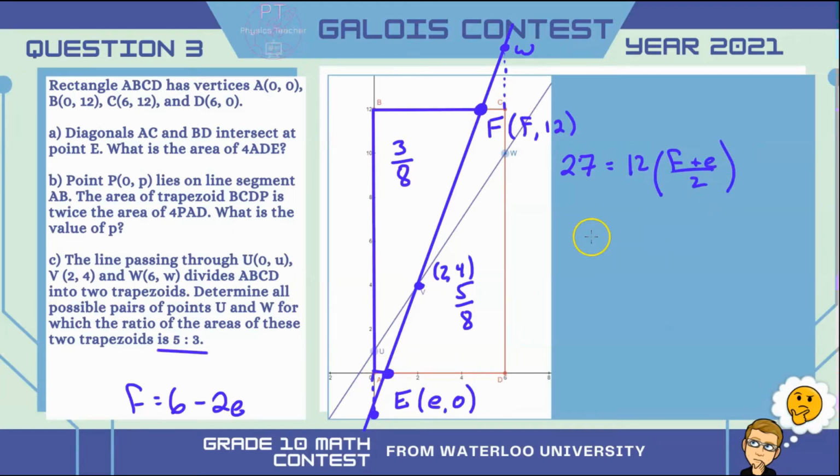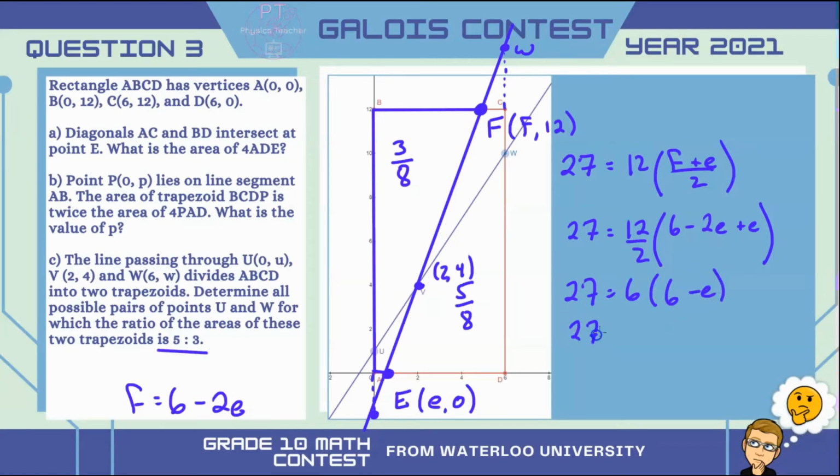So now I can replace f with that equation we got from the slopes, which is 6 minus 2e, and then we still have that plus e, and this 2 we can bring out here to make things easier. So that gives us 6 times 6 minus e.